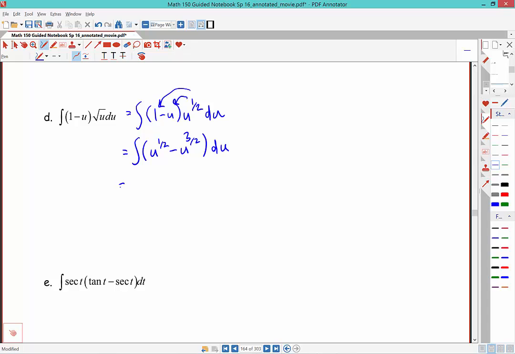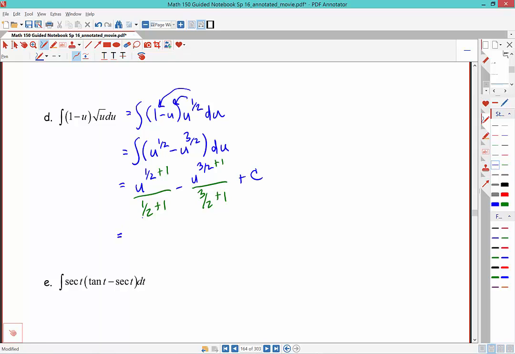So what's going to happen? We'll get u to the 1/2 plus 1 over 1/2 plus 1, minus u to the 3/2 plus 1 over 3/2 plus 1 plus our constant of integration.